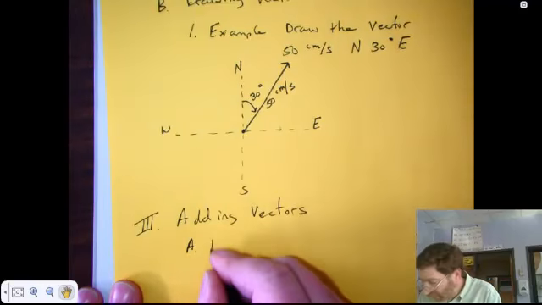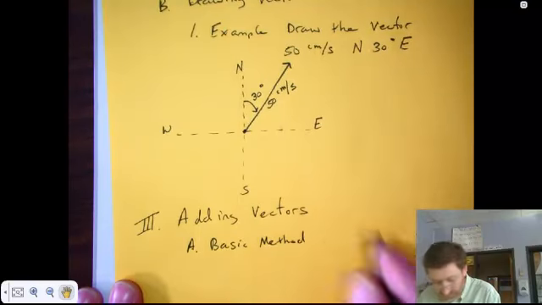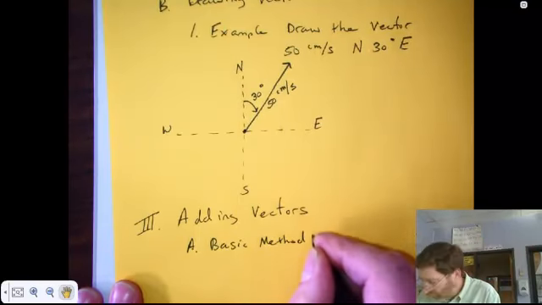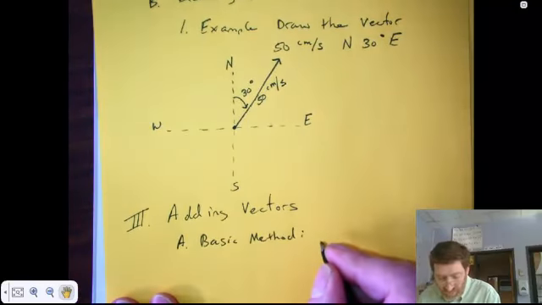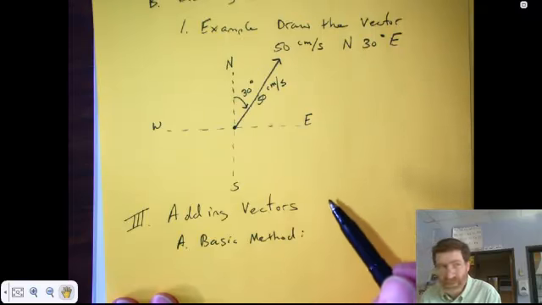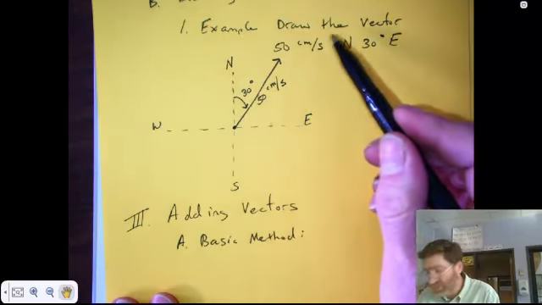Okay, so the basic method to do this: when you add graphically, you draw the vectors tip to tail. So you put the next vector on the tip of the first one.